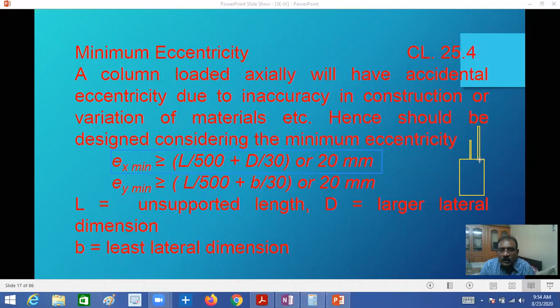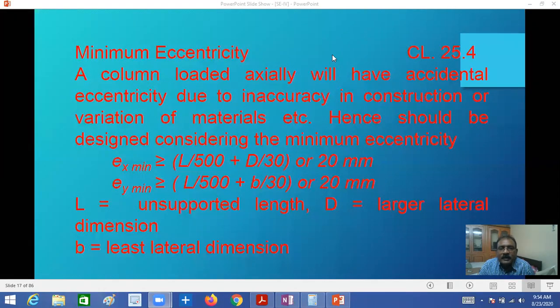The distance should not be more than 20 mm or this L by 500 plus D by 30, because there will be moment action in the column. So this is one of the important conditions in the design considerations.